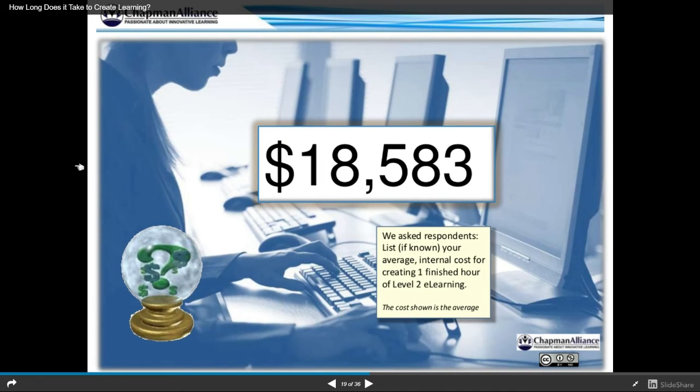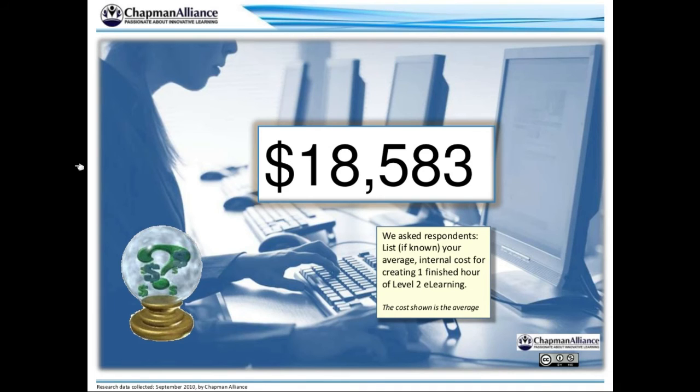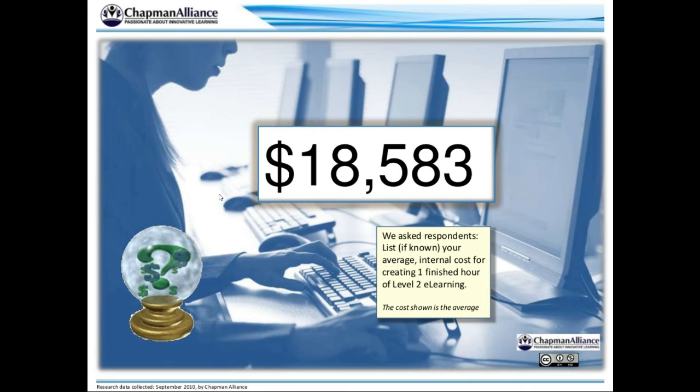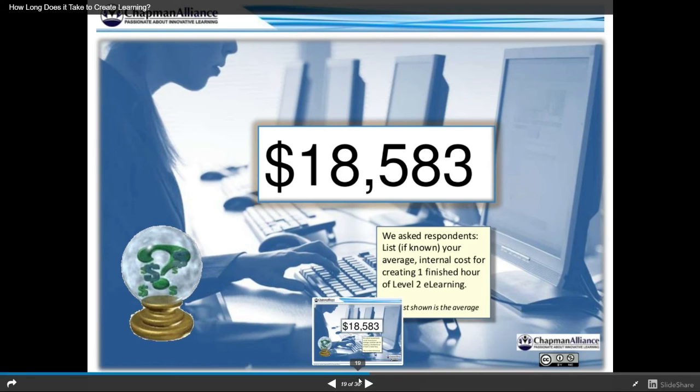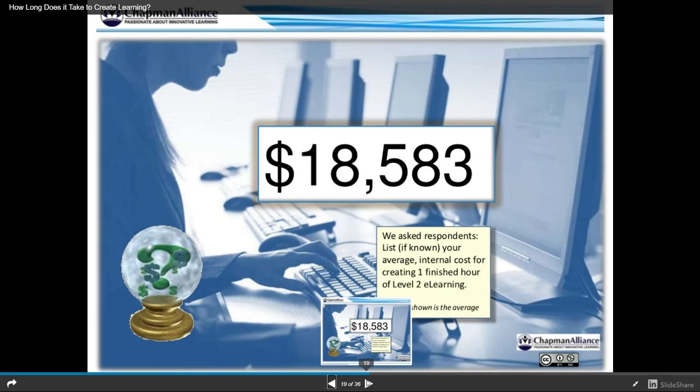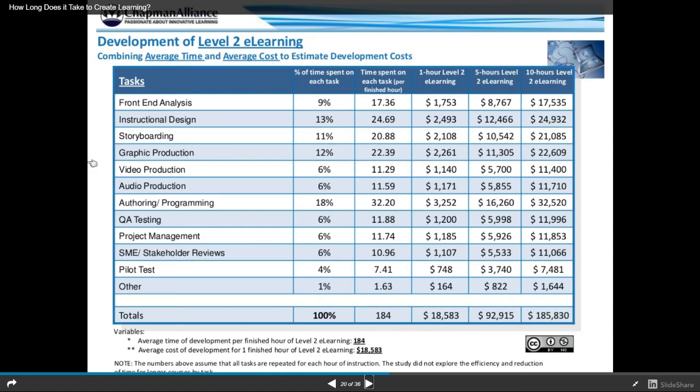He said that on average, back in 2010, it was about 18,000 dollars an hour. What I think is valuable for us is how that breaks down. He broke it down, which was really helpful. Looking at that 18,000, we can see there's a front-end analysis, that's your needs assessment, and here's how much time was spent on that task.